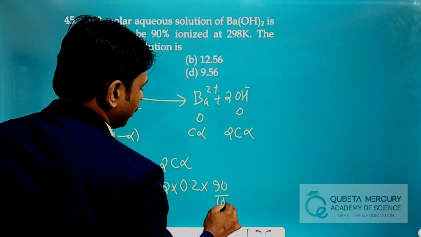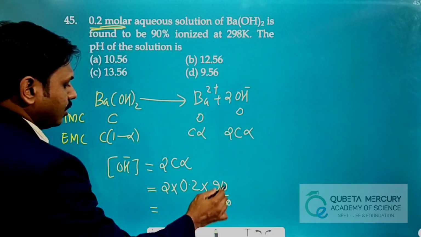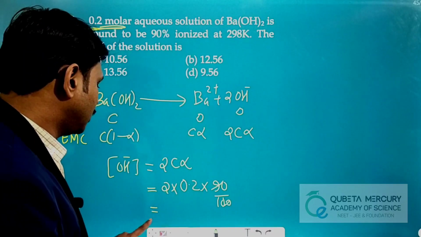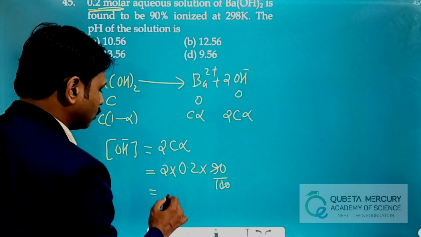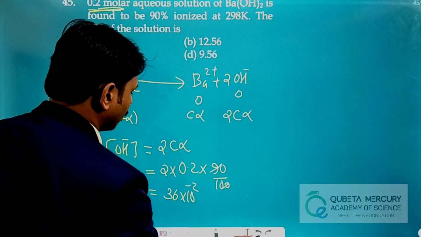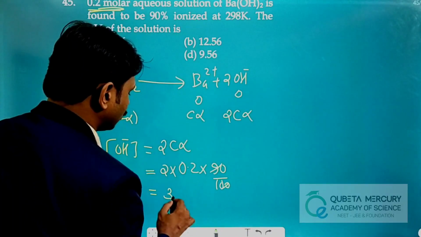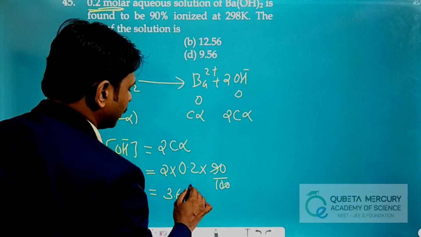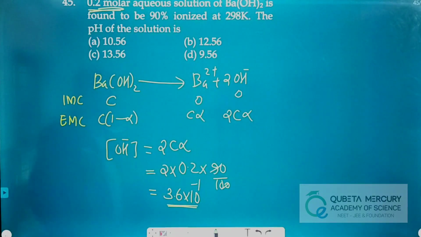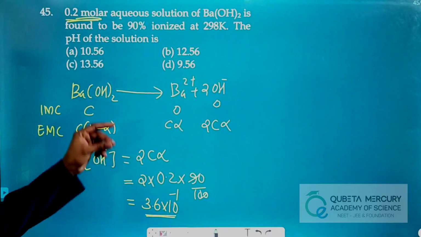This will be 0.36, or I can write it as 36 into 10 raised to minus 2, or 3.6 into 10 raised to minus 1. This is the concentration of OH minus. From this value, we can calculate pOH, and from pOH you can calculate pH. Come on.